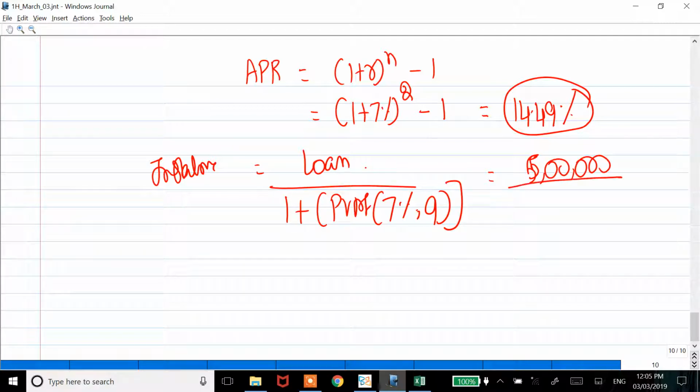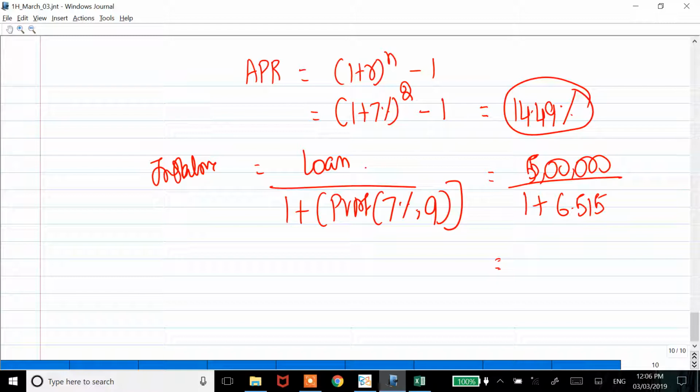$5 lakh. Which one? No, so the point is the formula.